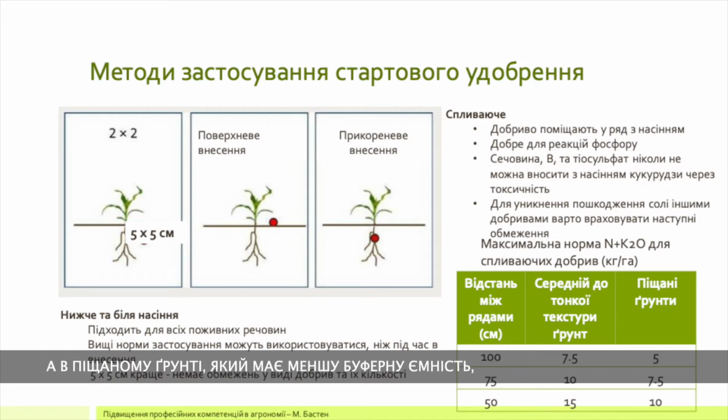And in a sandy soil, which has an even lower buffer capacity, lower water holding capacity, it should not be more than 7.5 kilograms per hectare. As soon as the row spacing increases, of course, you can go a bit higher because you have a longer row for the same amount of fertilizer applied. If it becomes wider, then the limitations are even less.